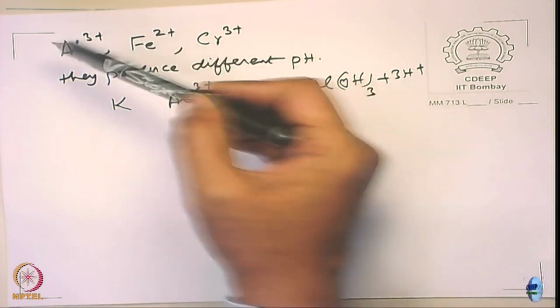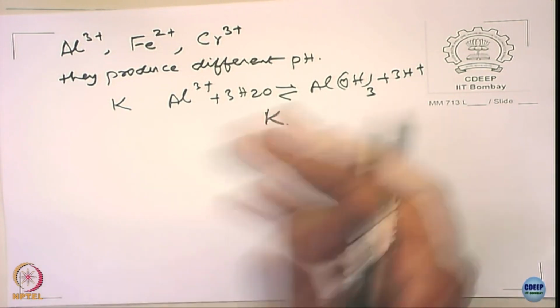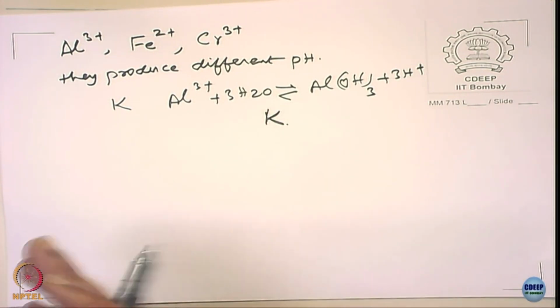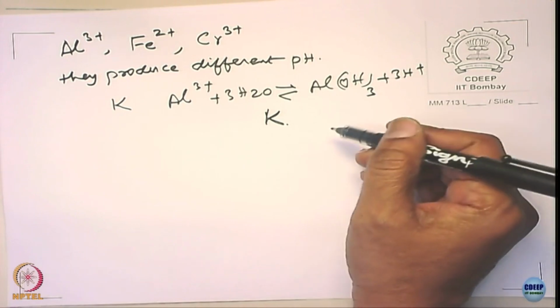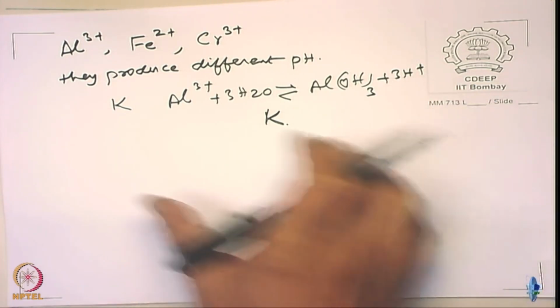They may have different values. Some ions produce more acid, some less acid. Anyway, let's not worry too much.